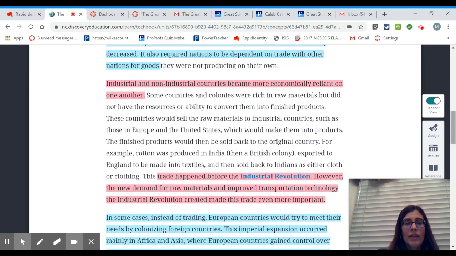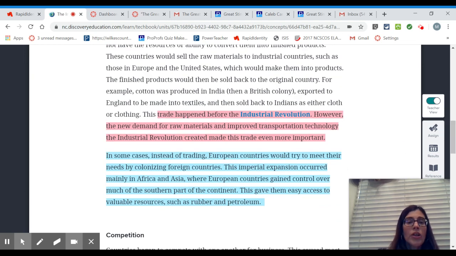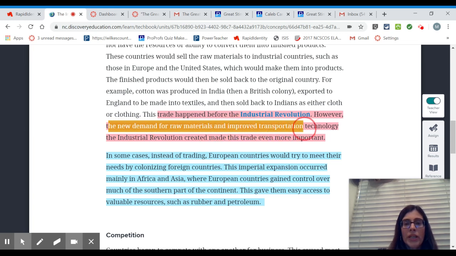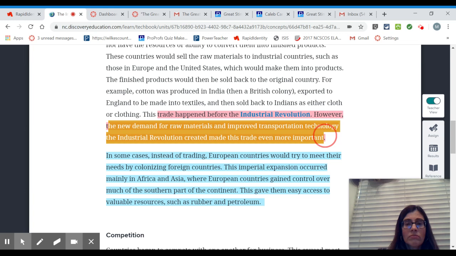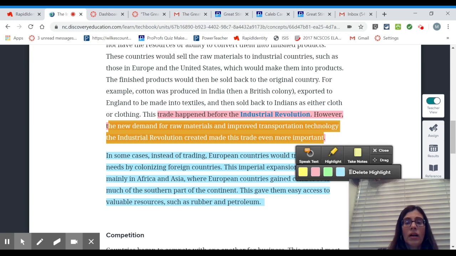Okay, so as a result, these industrial and non-industrial countries became more economically reliant on one another. Now we know that because of the age of exploration, people were trading with each other all over the world, but because of the Industrial Revolution, the new demand, this is really important, for raw materials and improved transportation technologies caused by the Industrial Revolution made trade even more important and competitive.